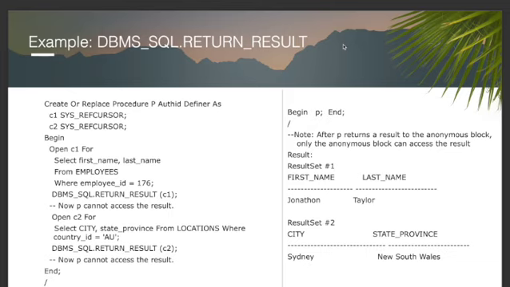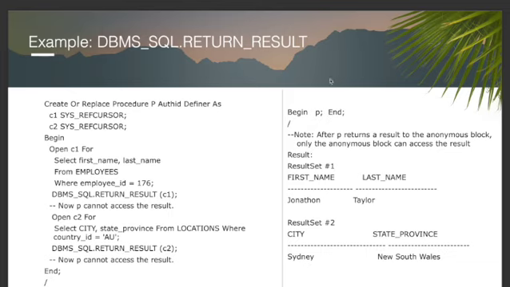Therefore, DBMS_SQL.RETURN_RESULT returns the query result to the subprogram's client, the anonymous block that invokes P. After P returns a result to the anonymous block, only the anonymous block can access that result.